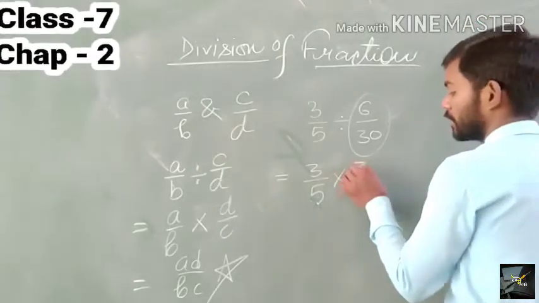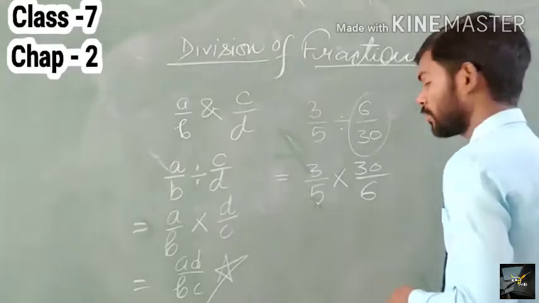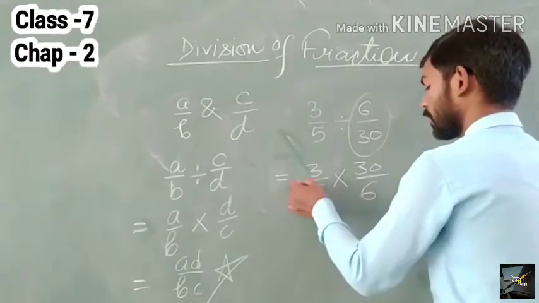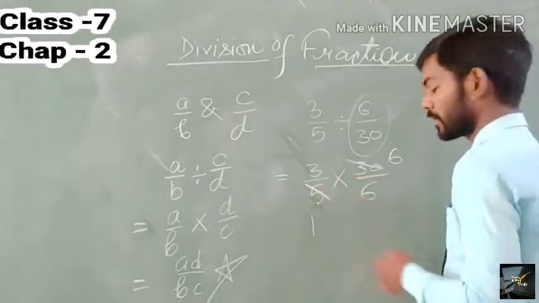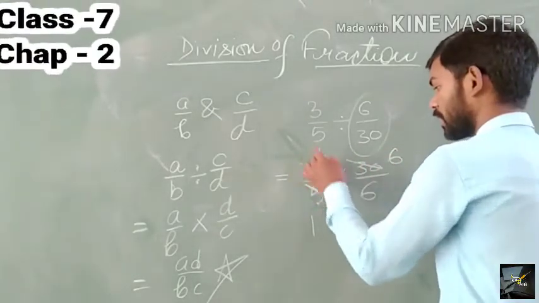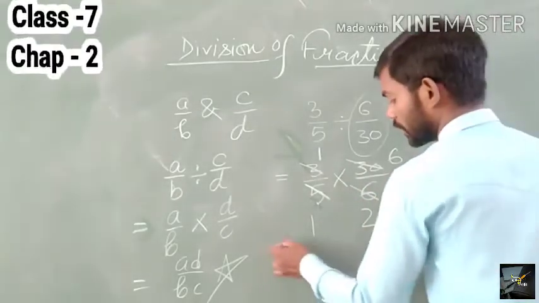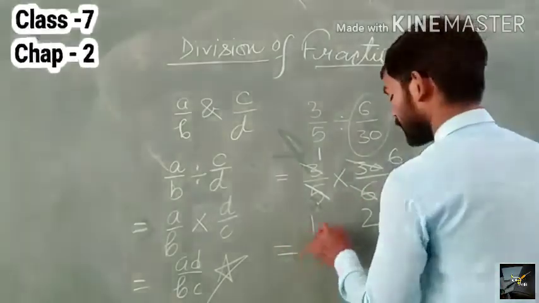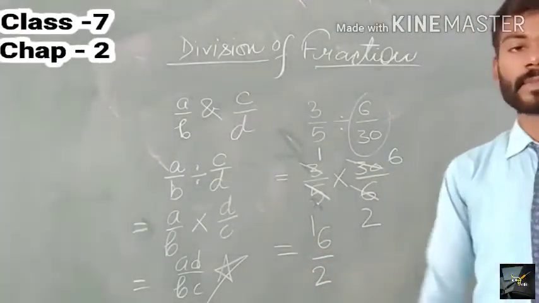Here we write 30 upon 6. Now we can see that 5 1s are 5, 5 6s are 30, 3 1s are 3, and 3 2s are 6. So we get 6 upon 2 as the result.